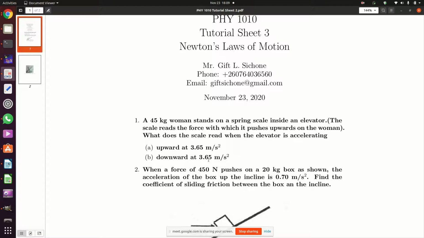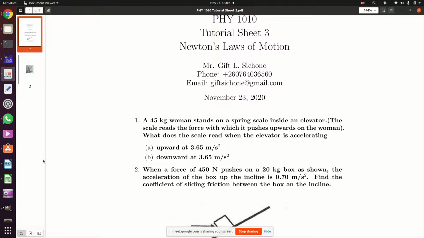The first thing to be aware of here is that we are dealing with forces, and we are told there is acceleration which is happening. Acceleration only happens if there is a resultant force. In this case, this woman has got a mass of 45 kg.